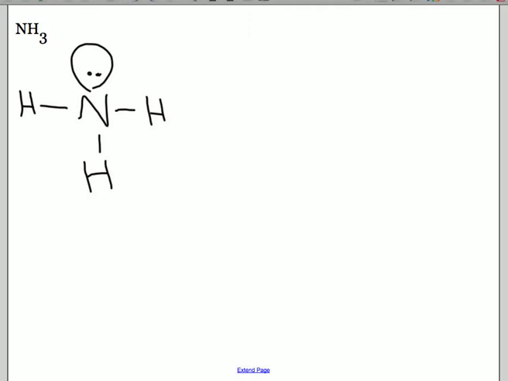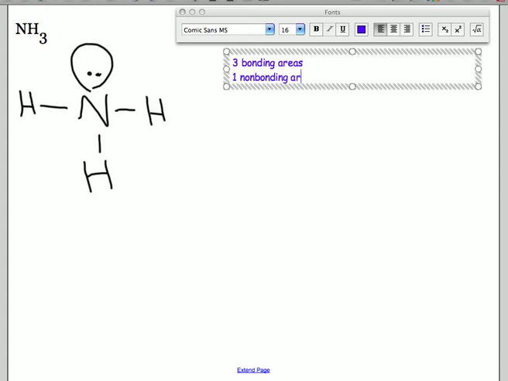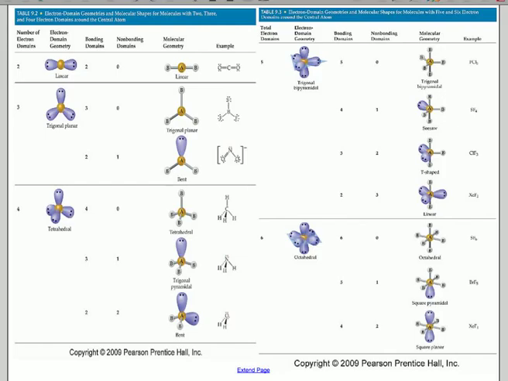Next one is ammonia, and again you're doing it based off of nitrogen. So we have 3 bonding areas. We have 1 non-bonding area. You go to your chart. You find your 3 and your 1. We're still based on a tetrahedral, but now we're called a trigonal pyramidal.